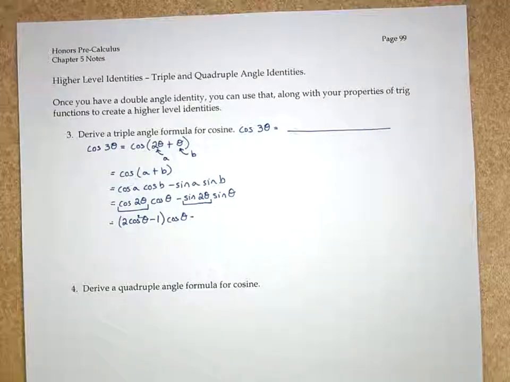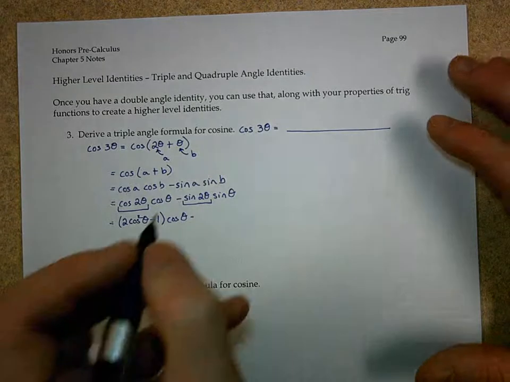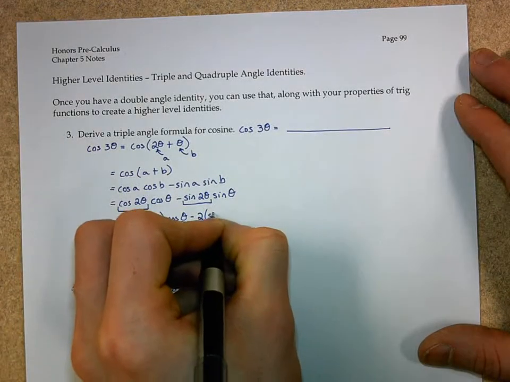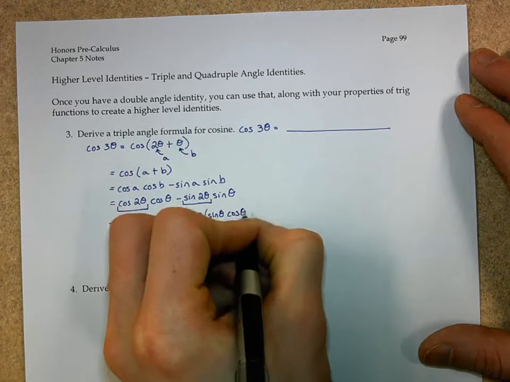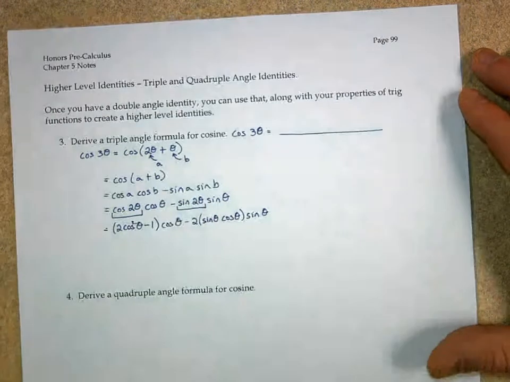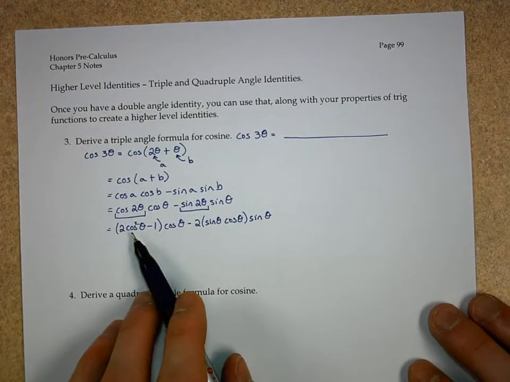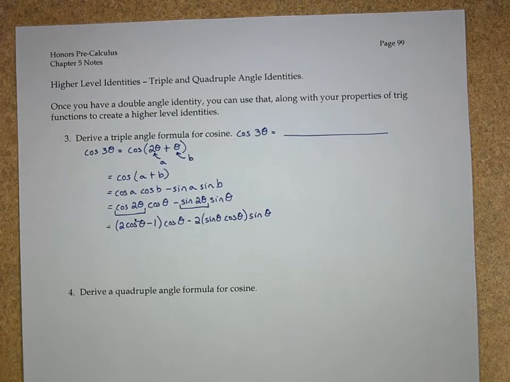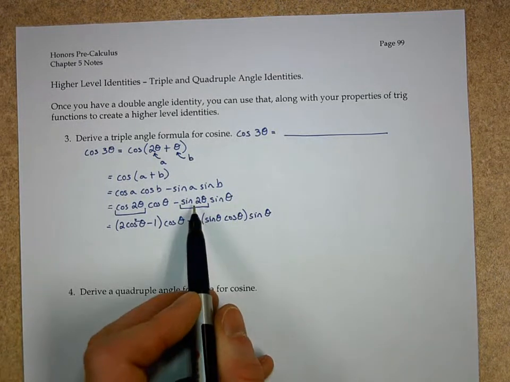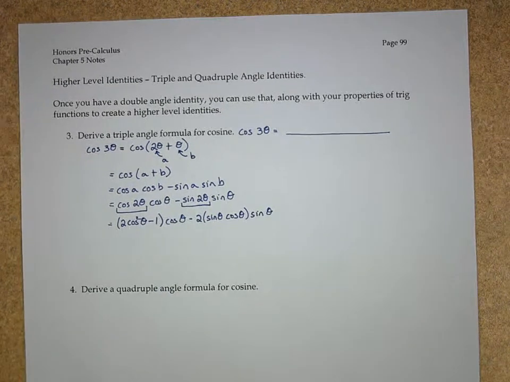And here we've got a sine of 2 theta, which we know is 2 times the sine of theta, cosine of theta, times the sine of theta. And someone might ask, why did I choose 2 cosine squared minus 1 instead of the cosine squared minus sine squared formula that we had? The reason is we want our final answer to be in all cosine, so it saves a step if I can put in just cosines right now. The sine of 2 theta only has one formula, so I have to throw in that sine.